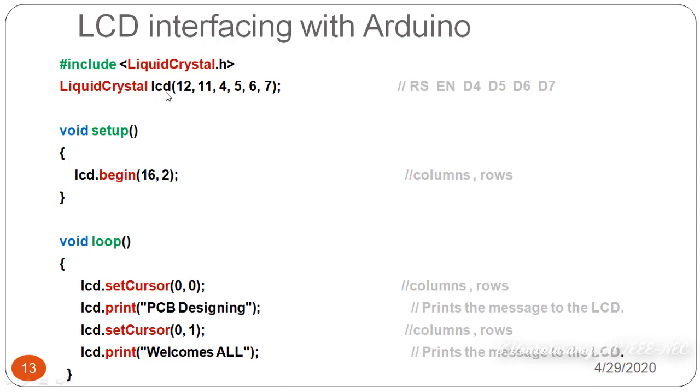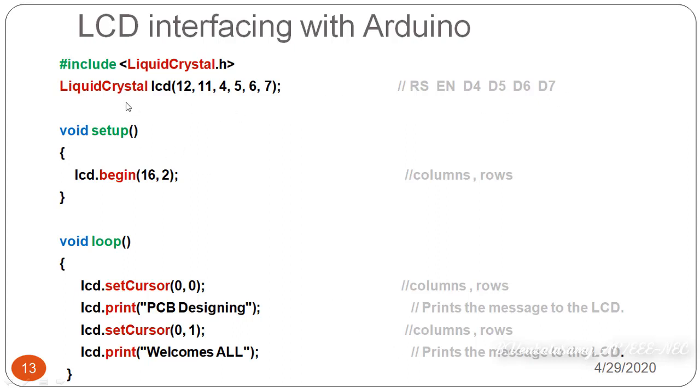Here, LiquidCrystal lcd 12, 11, 4, 5, 6, 7. These are the pin numbers which connect with the microcontroller. 12 is RS, 11 is enable, and 4, 5, 6, 7 are D4, D5, D6, D7 as 4-bit data mode.